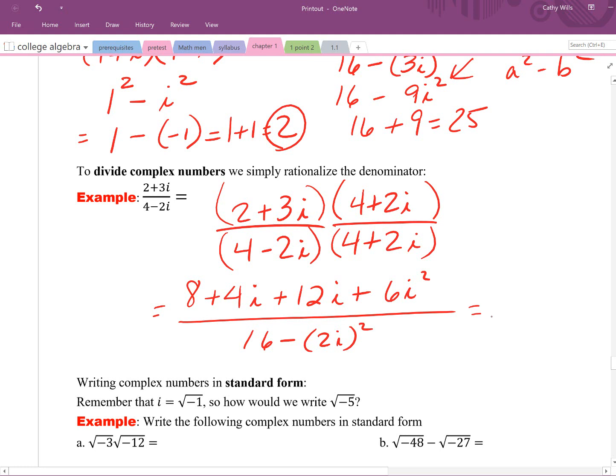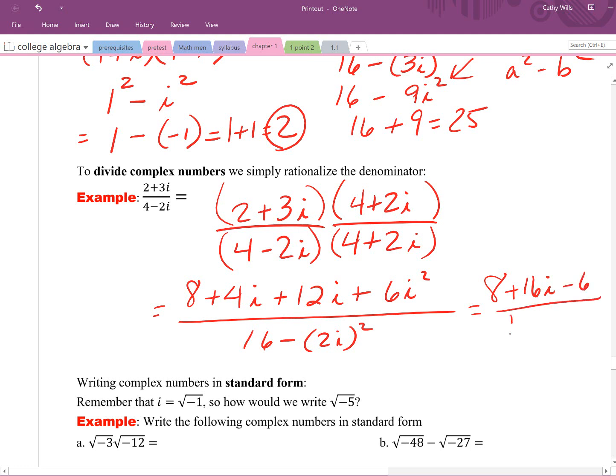Difference of squares on the bottom. On top, 6i squared is negative 6. So I'll just go ahead and write it out so you don't get confused. You've got 8 plus 16i plus 6i squared. 6 times negative 1, so minus 6.